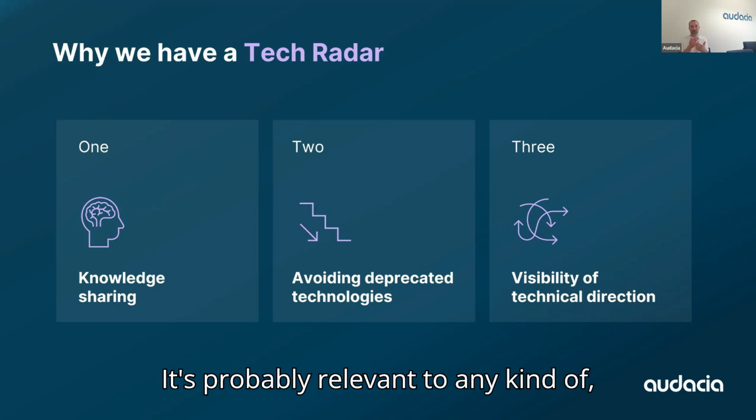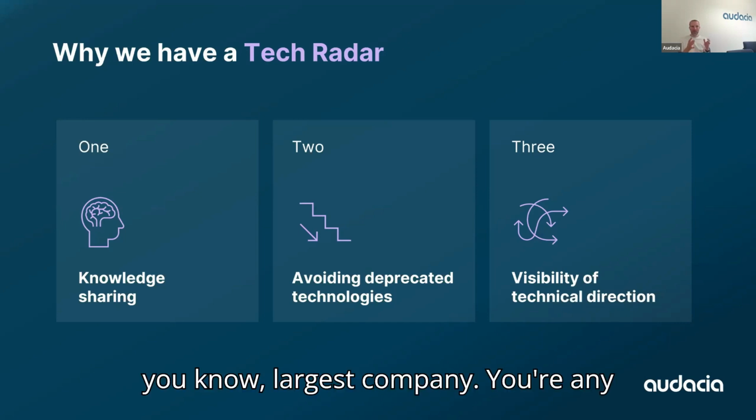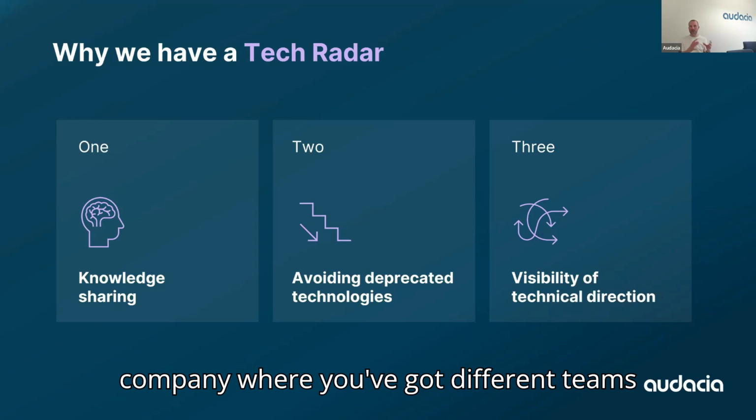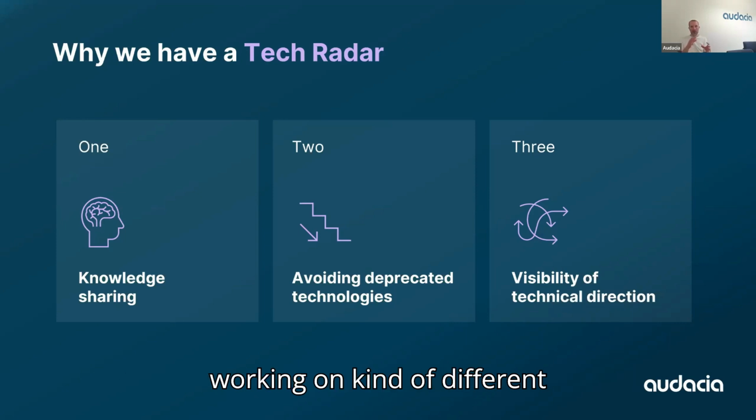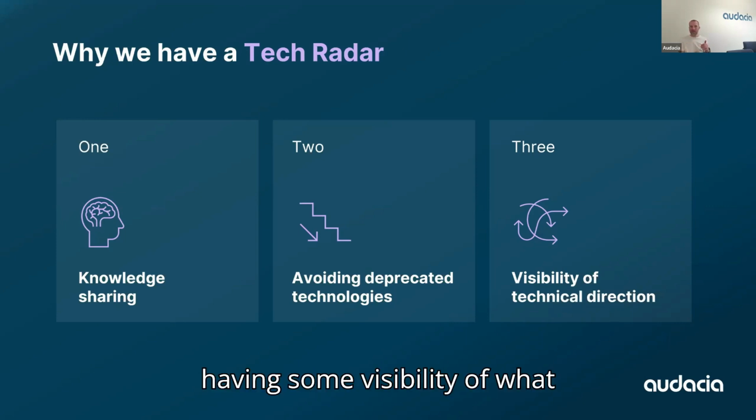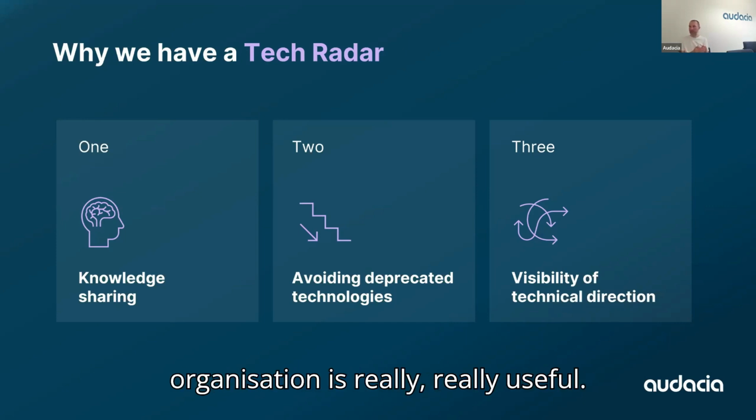It's probably relevant to any kind of largish company. Any company where you've got different teams working on different, potentially unrelated projects, having some visibility of what technologies are being used within the organisation is really useful.